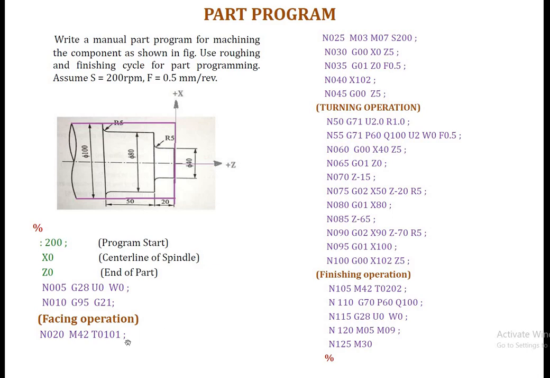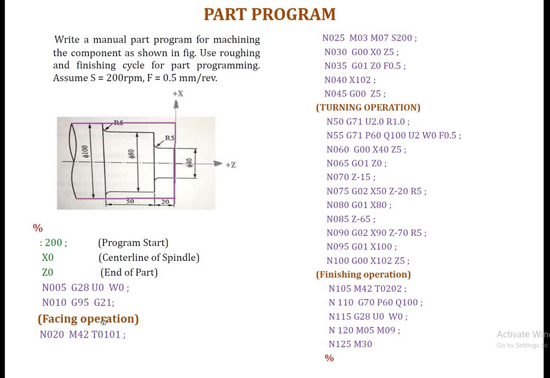Now we go to the first block of this program: N005, G28, U0, W0. G28 represents return to home position, so the cutting tool returns to the home position. Next, N010, G95 and G21.